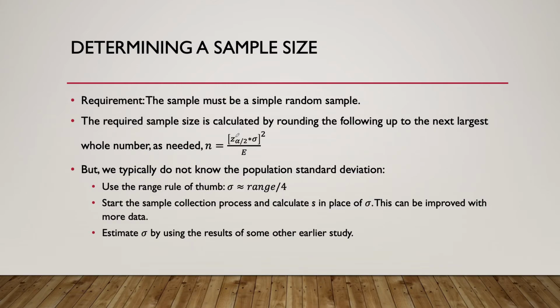We can use the range rule of thumb, the range divided by 4, as an estimate of the population standard deviation. We start the sample collection process and calculate the sample standard deviation s in place of the population standard deviation sigma. This can be improved with more data, of course. Or we could estimate the population standard deviation by using the results of some other earlier study.